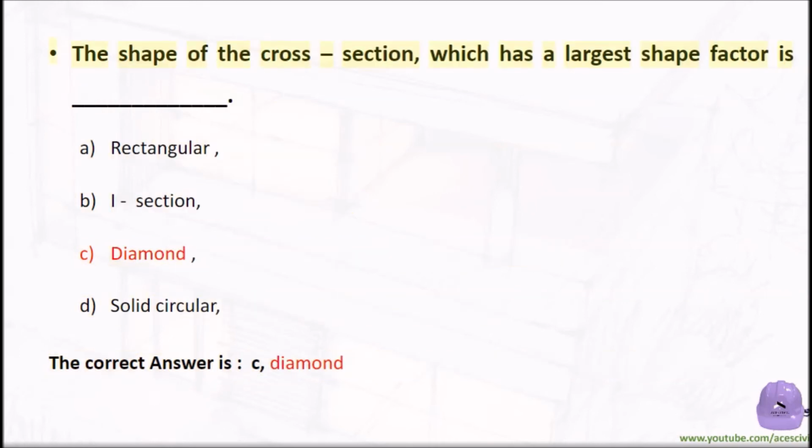The shape of the cross-section which has the largest shape factor is: A. Rectangular, B. I-section, C. Diamond, D. Solid circular. The correct answer is C. Diamond.